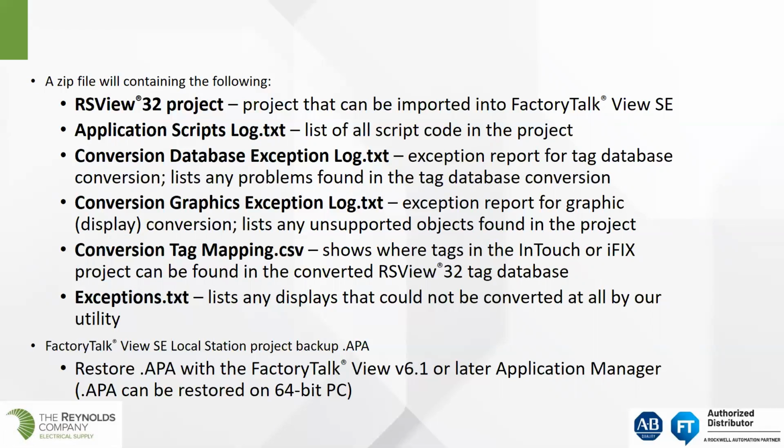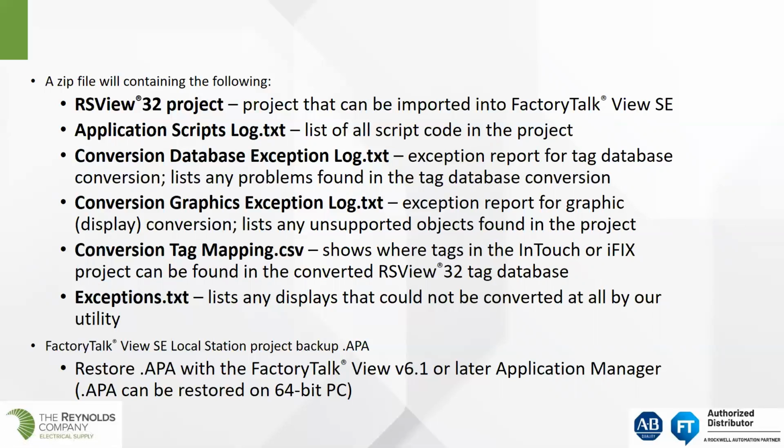Okay, and this slide gives you more specific knowledge of what the deliverables are. We deliver an RSView32 project with application scripts. Anything that didn't get converted from the database comes in the database exception report.